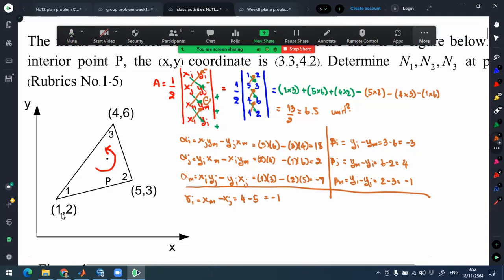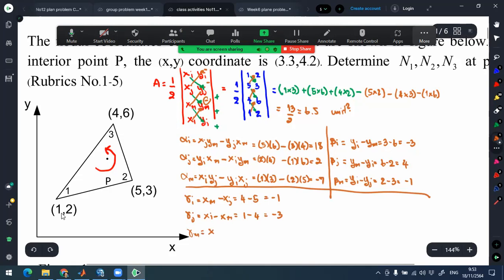Gamma j is equal to xi minus xm, 1 minus 4, which becomes -3. Gamma m is equal to xj minus xi, 5 minus 1, which becomes 4. Now we have alpha, beta, and gamma already, right?